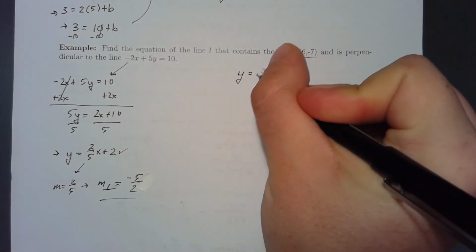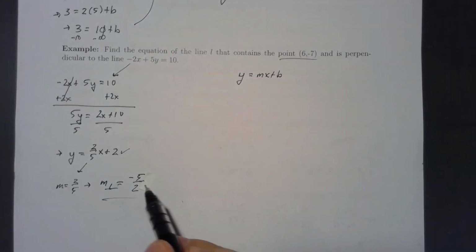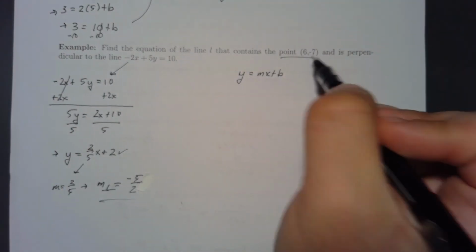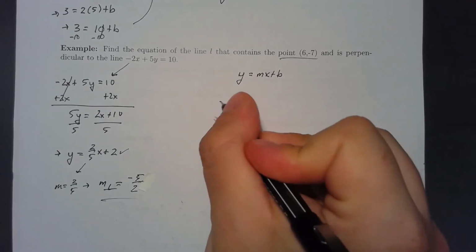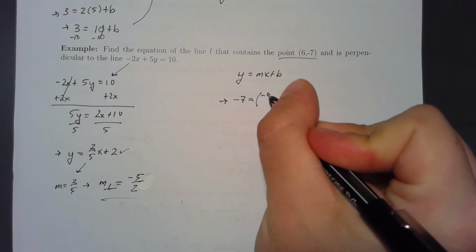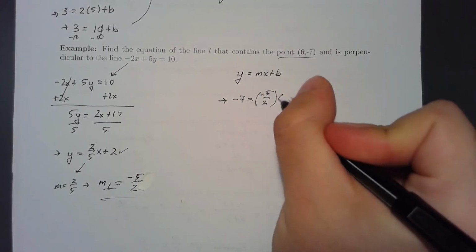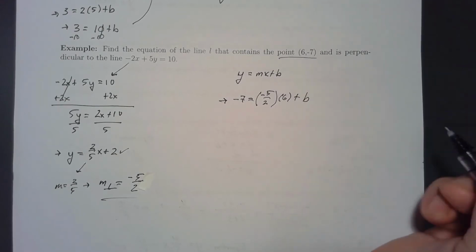So y equals mx plus b. Let's plug in the slope, negative 5/2, and plug in the coordinates of the ordered pair. So that's going to be negative 7 equals negative 5/2 times x, which is 6, plus b.